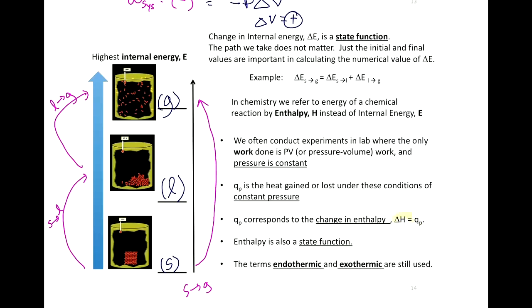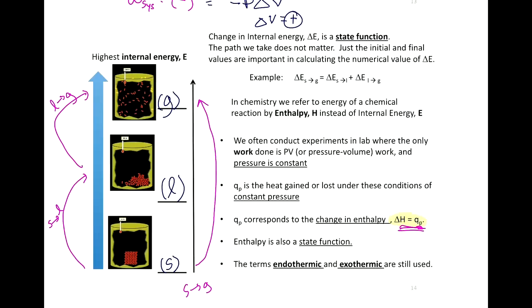So this delta H term is very closely related to delta E, but because everything is involved with heat, and since everything is at a constant pressure, we're just going to ignore the work aspect that's being conducted for these reactions. So we're just going to be looking at that heat component, which we call delta H. Still think of it as energy, but we're just worried about the heat component here. All right, so we'll be looking at heat. Enthalpy here is also a state function, so we just care about the beginning and the end.